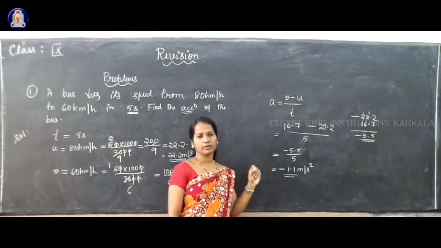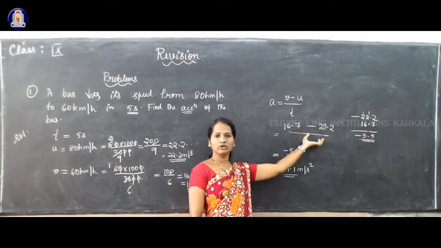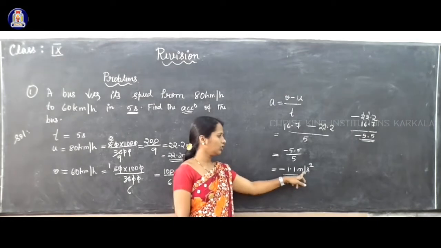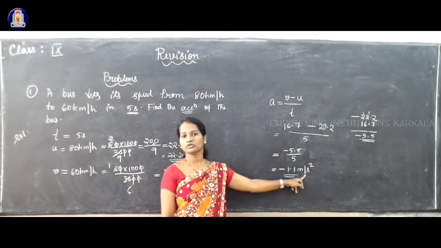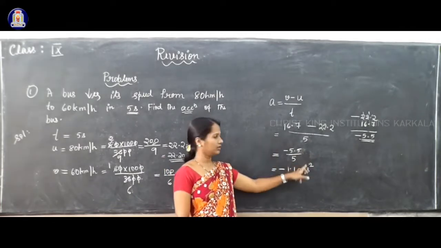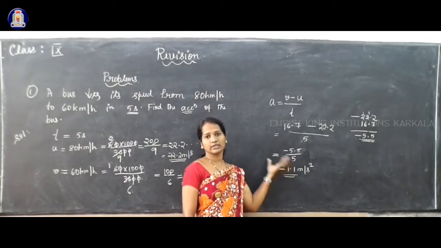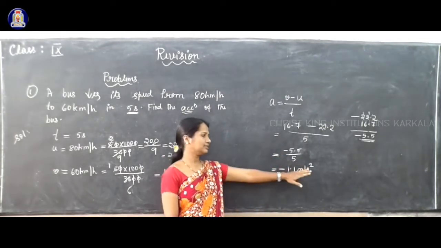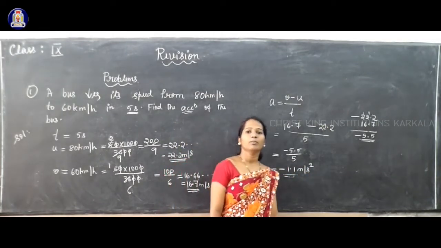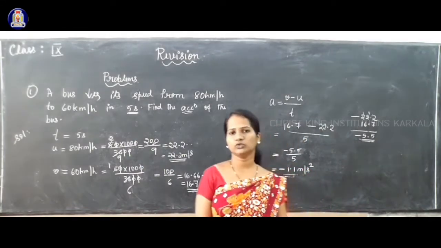Formula also carries mark. After that, substitute the values, do the simplification, and mention the final answer along with its SI unit. That also carries mark. If your SI unit is wrong, half mark will be deducted. The SI unit of the quantity you are going to calculate should be proper. This is the problem related to acceleration: A is equal to V minus U divided by T.